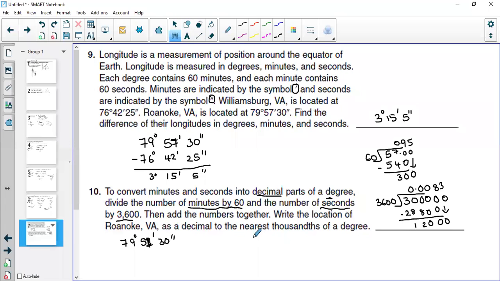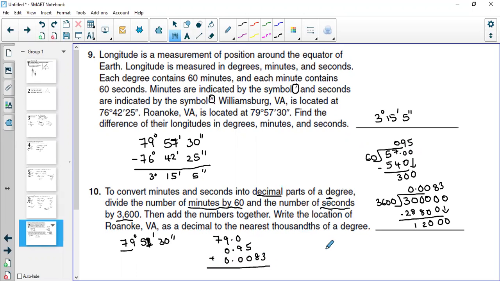So finally, what do we have to do? What did they say? Then add the numbers together. So we are going to add this 79 plus 0.95. Now, this is very important. You know that there is no number in front, means it's going to be like this, 0.95. And then 0.0083. So you're going to add all of them together.